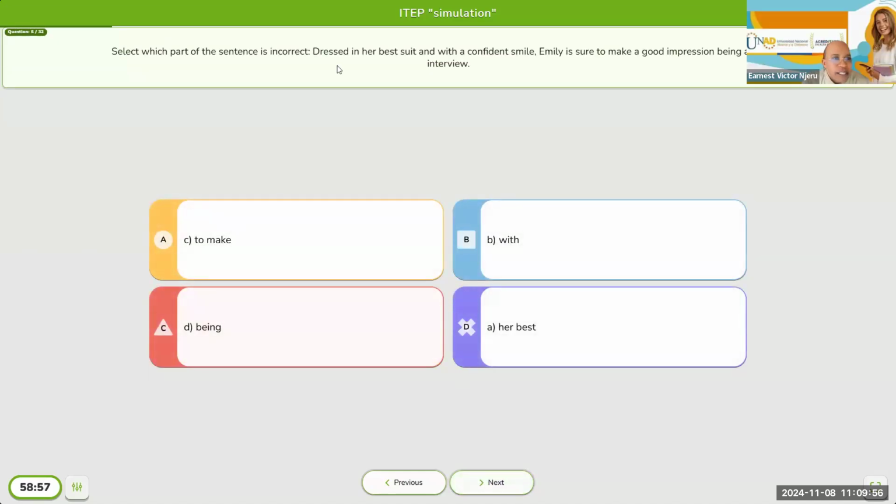Select which part of the sentence is incorrect. Now we check the one that is incorrect. Dressed in her best suit and with a confident smile, Emily is sure to make a good impression being at the job interview. Which is incorrect? To make a good impression?